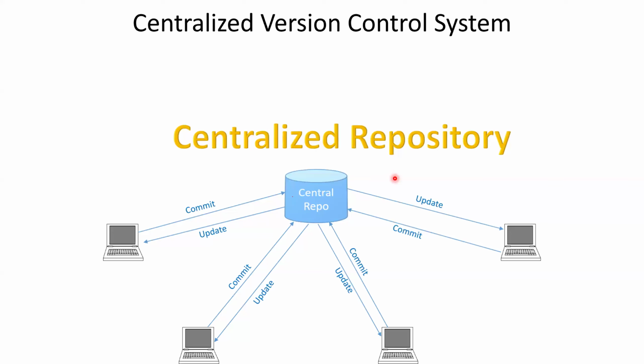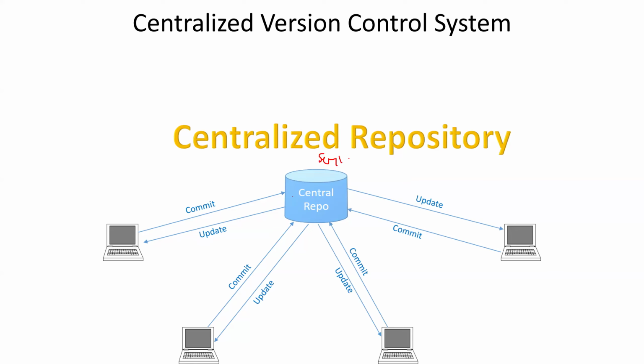Now come to the next step. That is called a centralized version control system. This is a very interesting system. Now, what we have done is, instead of storing all the project related data on the local machine, I'm going to use a server.